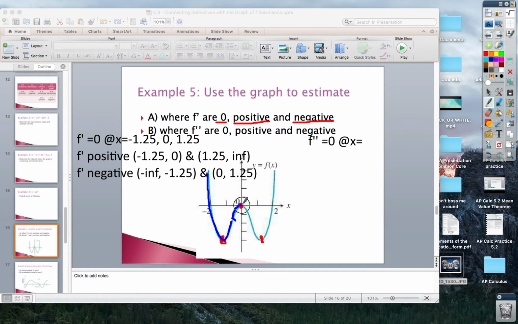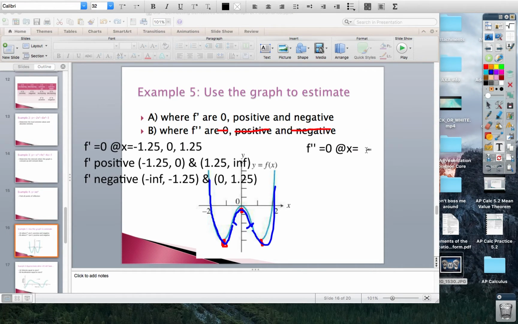And then from here to about here, it was concave down, but then it changed. And then from here to here, it went concave up and never changed again. So for this particular one, f double prime equals 0 at x equals negative 1/2 and x equals 1/2.